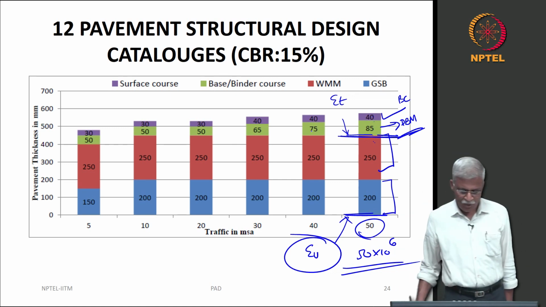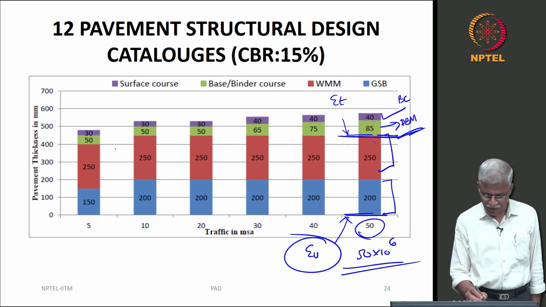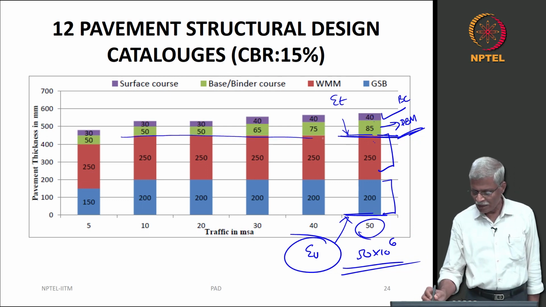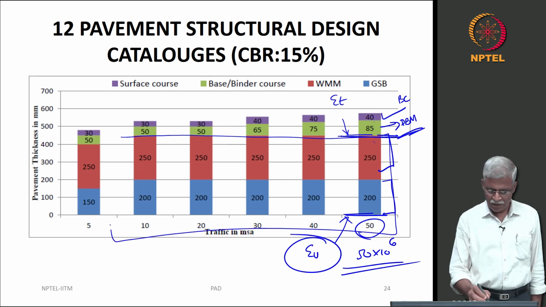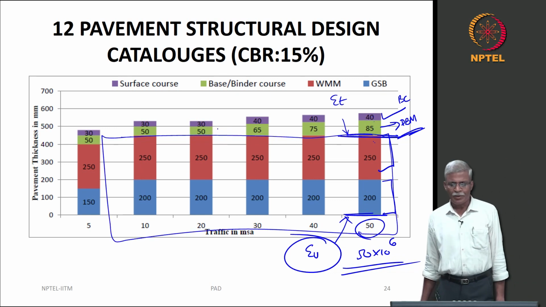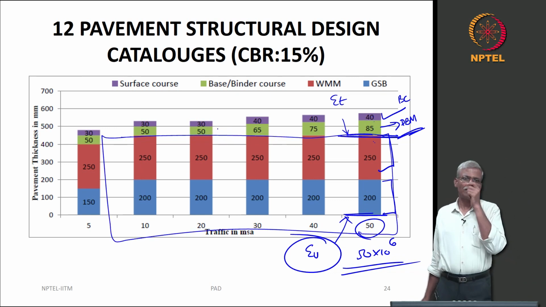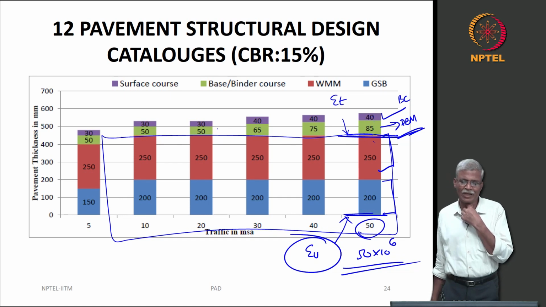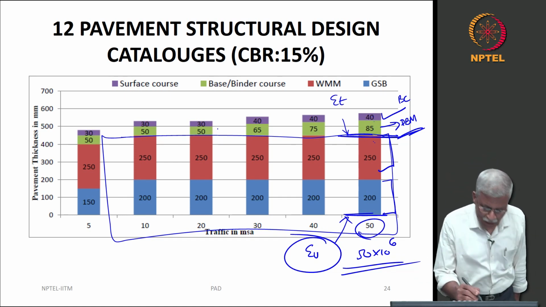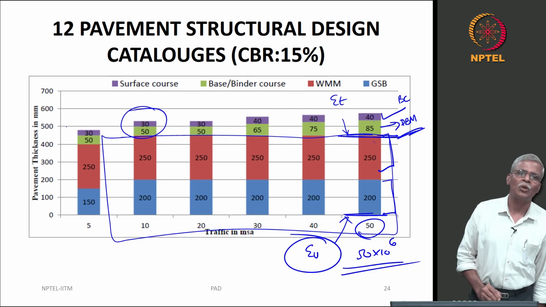And in fact, if you look at it very carefully, you will see that from 10 MSA to 50 MSA, the thickness of the granular layer, subbase as well as the wet mix macadam remains the same. So that means you can actually do whatever you want here.